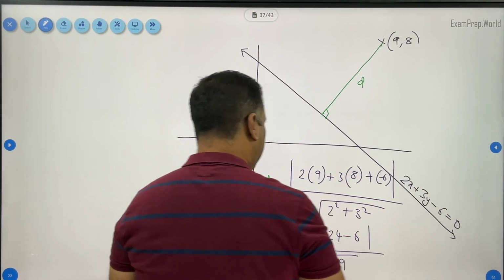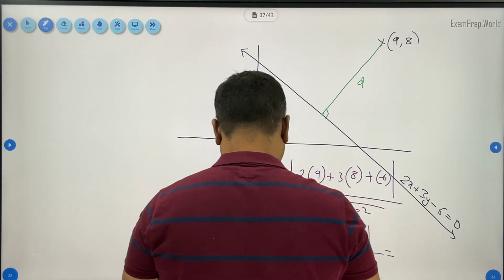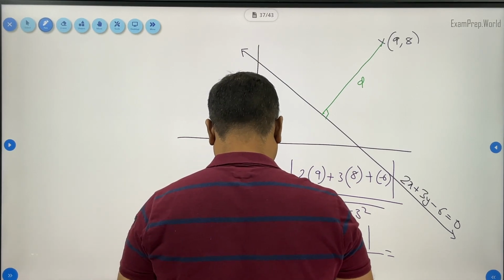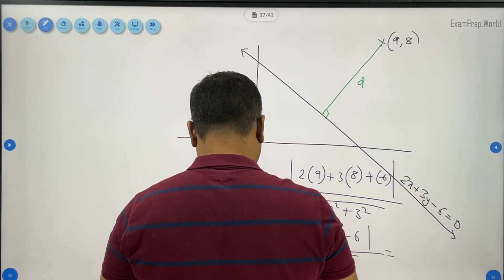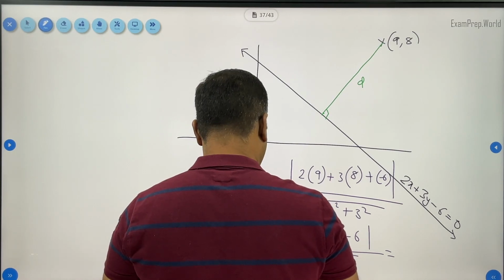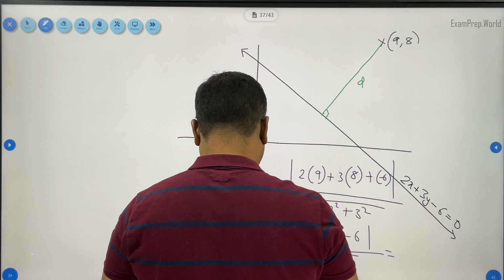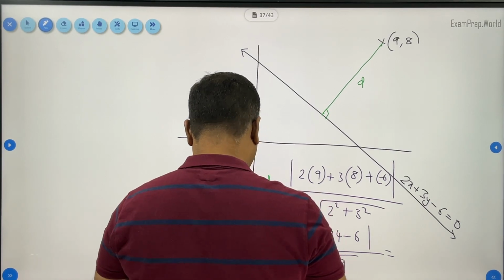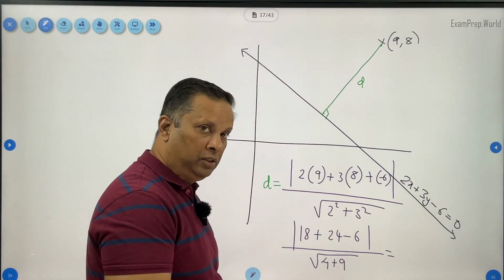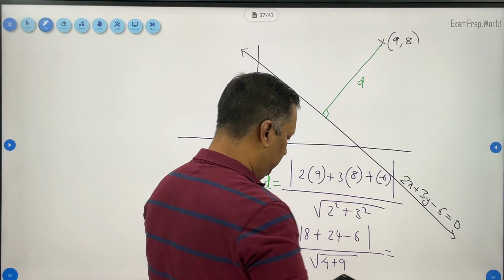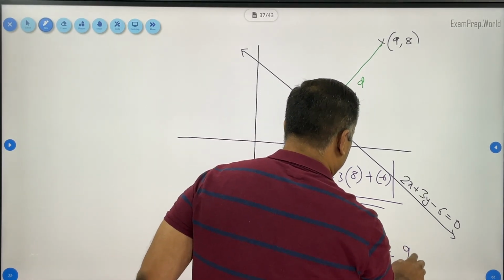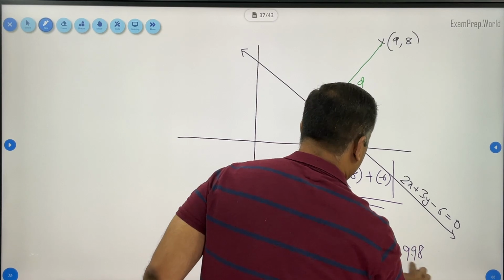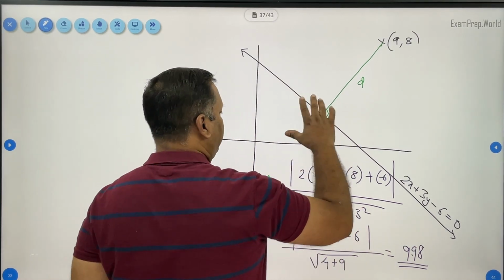So it is 36 divided by root of 13, which is 9.98 units.